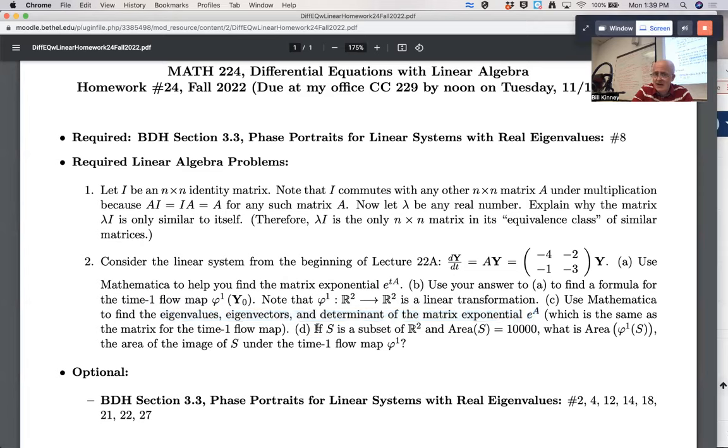Also in the lecture, I talk about the image of a set under the time 1 map and what happens to its area. So S is just some subset of the plane. Maybe you imagine it to be a circle and all the points inside the circle. It's got a certain area. I'm saying it's 10,000.